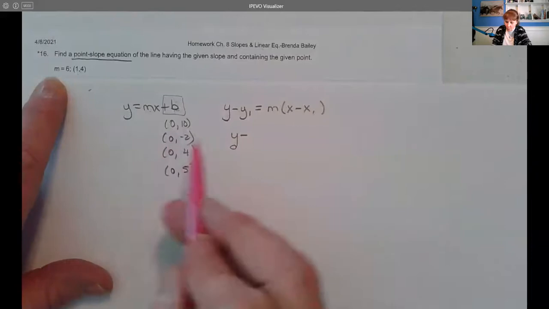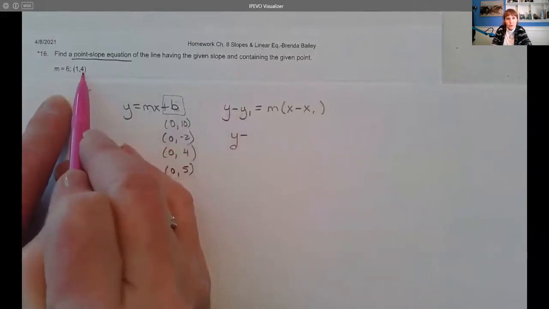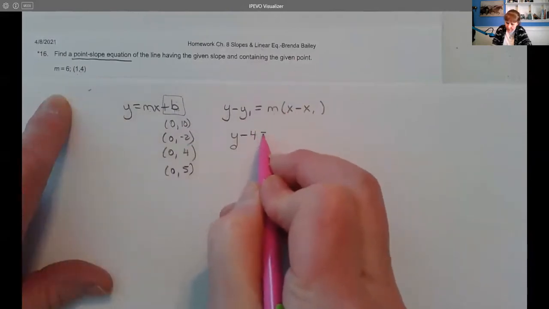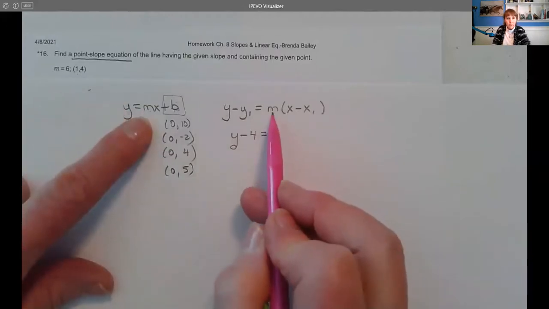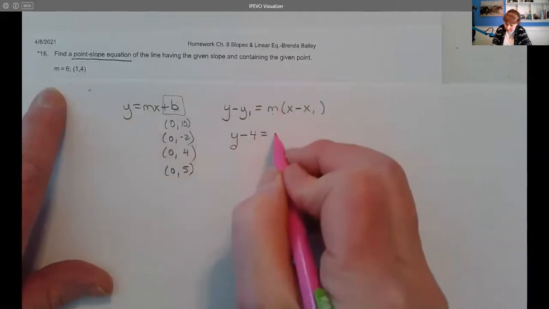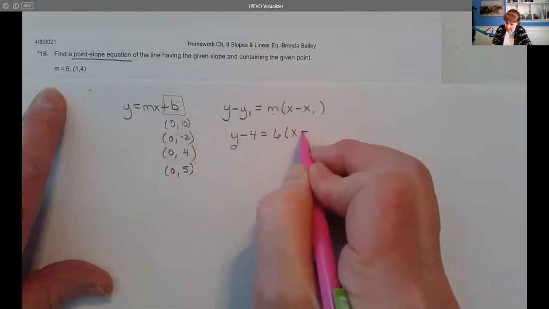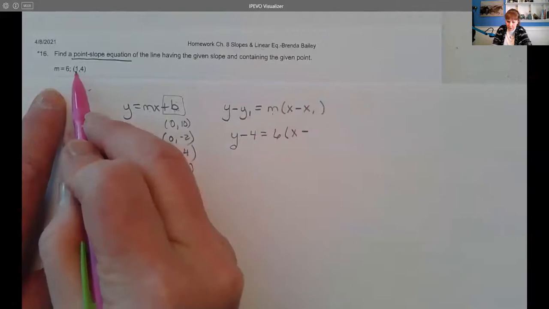The y sub 1 is the y coordinate of the point you were given, so we'll have a 4. And m is m, it's the slope. Okay, so m occurs in both of them. All right, so our slope is 6. That x stays. And this represents the x coordinate of the point that you were given, 1.